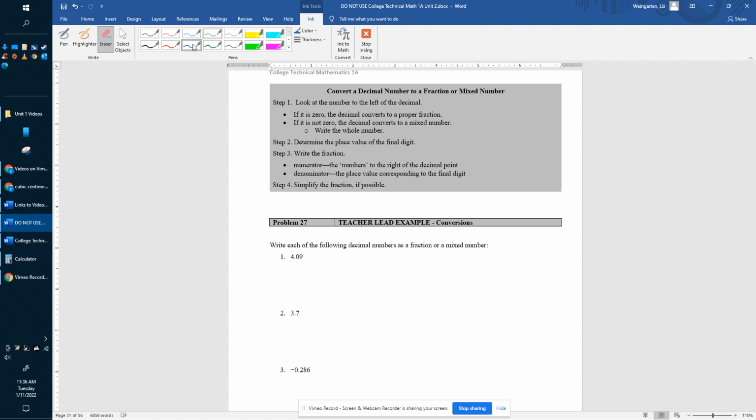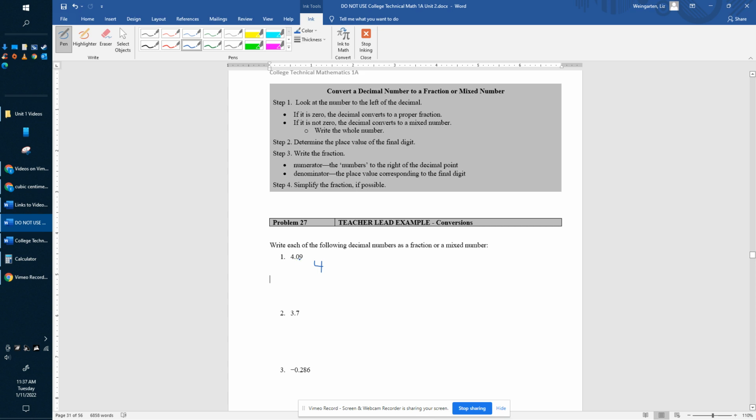Whenever you see that, it's straight up just that number. That is going to be your whole number. Not sure why I can't write, so I will do this. Now, take anything that's to the right of the decimal and place it over the number that place is.